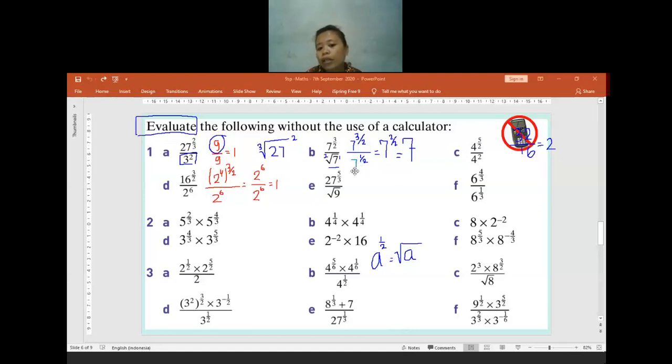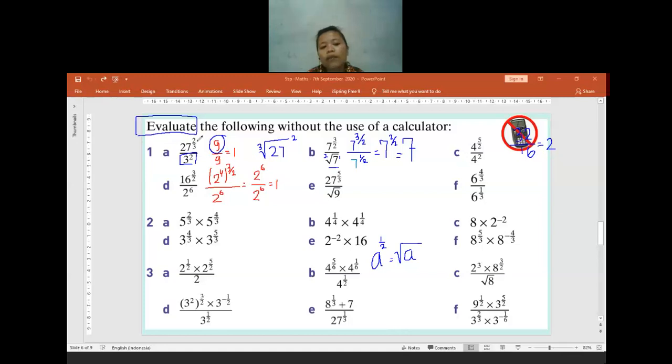Or if you get confused, you can take all of the number from the 7. If there is no power in that number, it means there is a hidden power which is power 1. Square root, we can write it as only root 7 or we can write it with number 2 to make it visible or clear for you. If it is to the power of a half, I will write it as square root, with the number 2 on the root. So it will be visible as square root of 7.